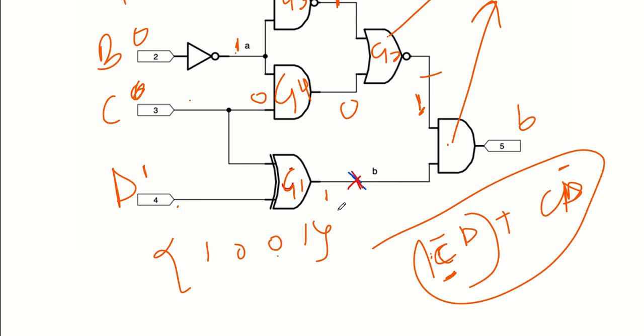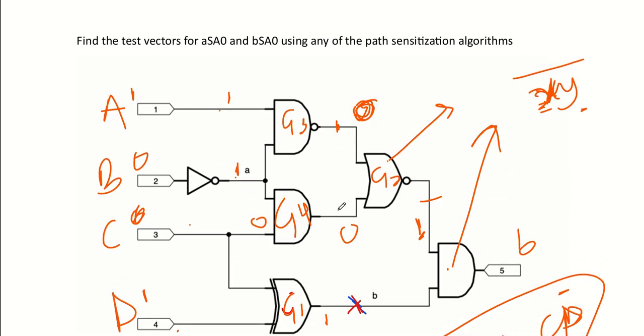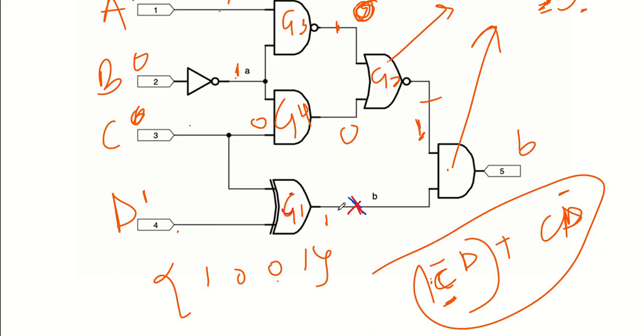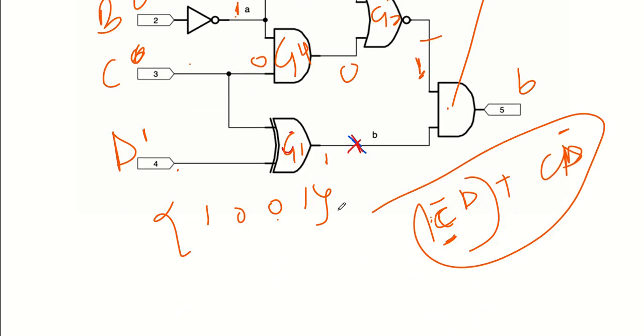And you realize that this is quite similar to what we got for the previous question. For the previous question, we got this test vector to test for A, and the other test vector to test for A was 1 0 1 0. So 2 test vectors.